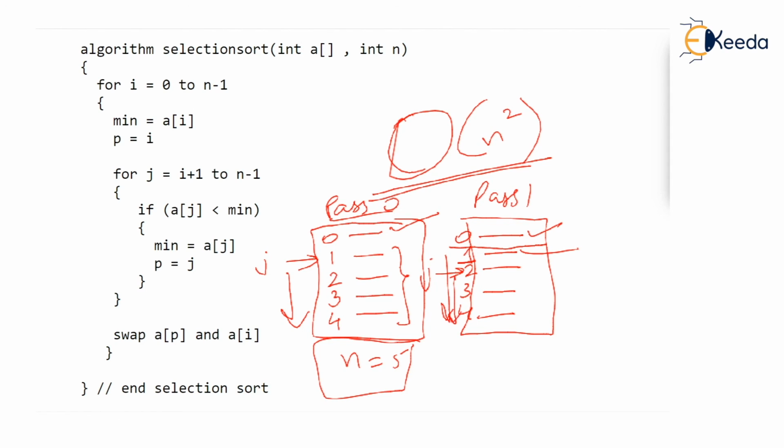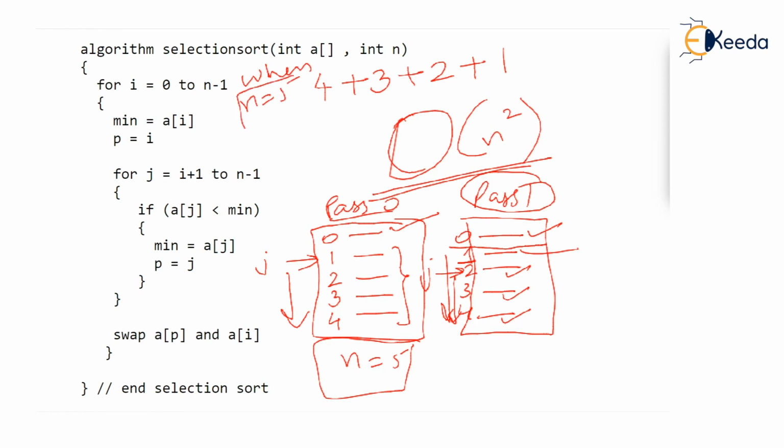So you are doing 3 comparisons in the second pass, that is pass 1. You will observe that the number of comparisons done in pass 0 was 4, but in the second pass there were 3 comparisons. Naturally, in the next pass there will be 2, and in the last pass there will be 1. This is when the value of n is 5.